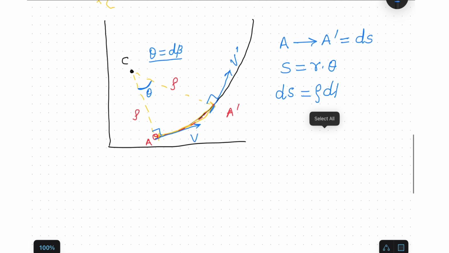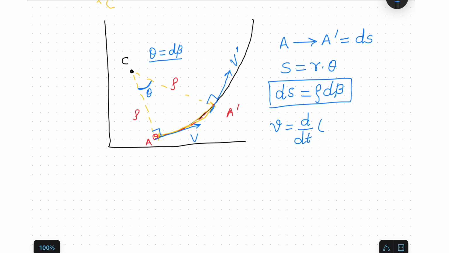So we got a displacement equation now. Based on this displacement equation we can easily calculate the speed. How? You can differentiate this equation and write velocity as d by dt of displacement s, or ds upon dt. And as you know, ds upon dt is what?